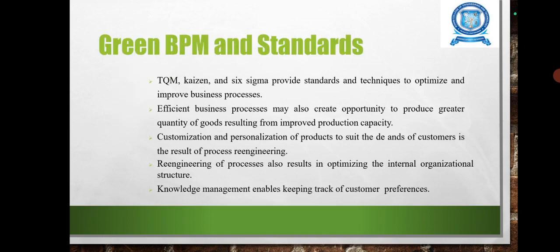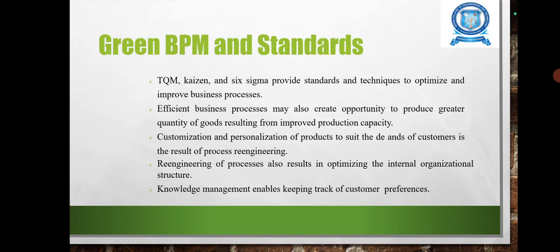The next one is green business process management, the short form is BPM, and standards. It can be carried out in a number of ways. Here we have some aspects of the use of standards in green business process management. First one is TQM, Kaizen and Six Sigma, which provide standards and techniques to optimize and improve business processes.